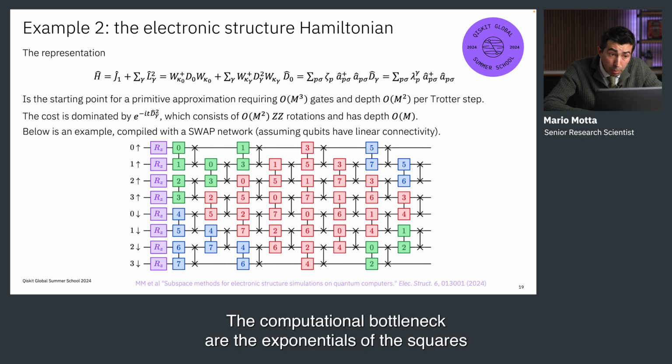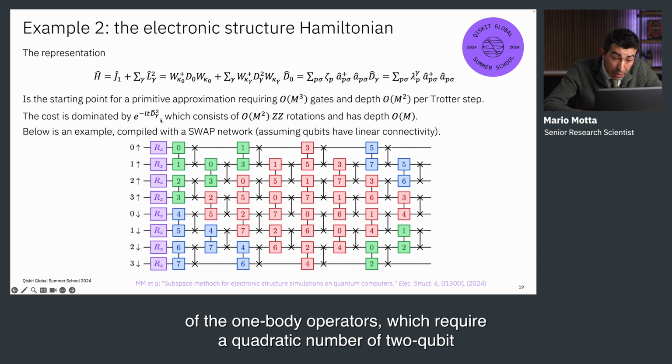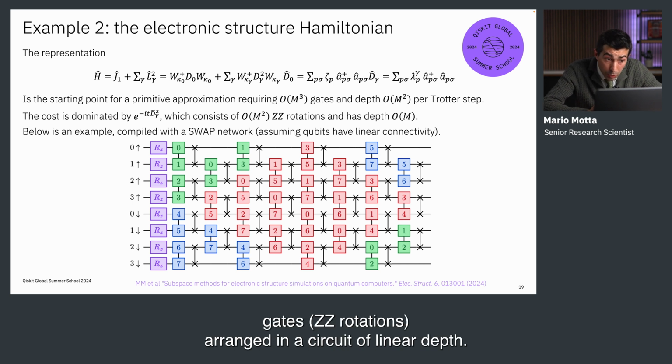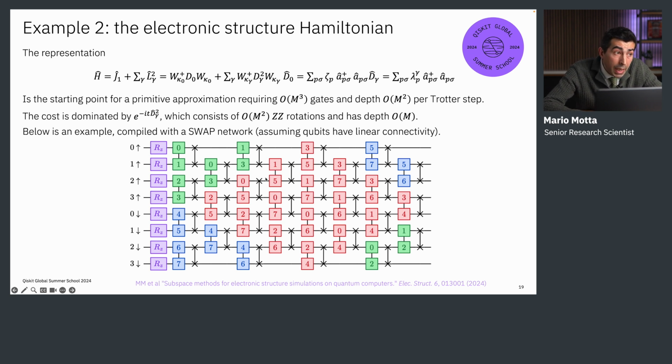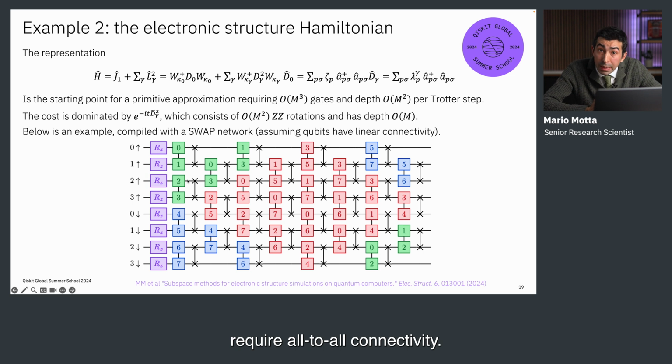The computational bottleneck are the exponentials of the squares of the one-body operators, which require a quadratic number of 2-qubit gates, z rotations, arranged in a circuit of linear depth. An important aspect is that the z rotations require all-to-all connectivity.